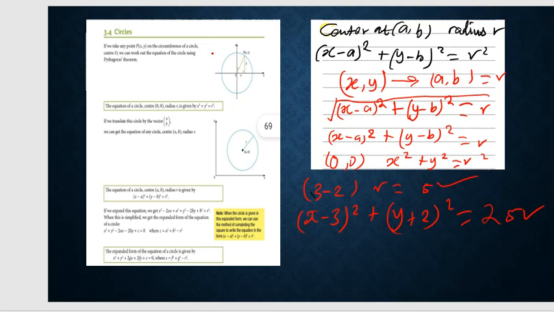Translation affects the center. When you translate a shape or an object, we will look at that later on. We discussed earlier, in IGCSE, lines of symmetry and reflections, where we look at the flipping of an object.